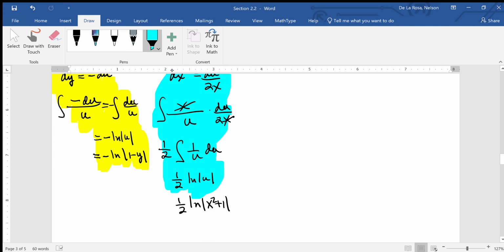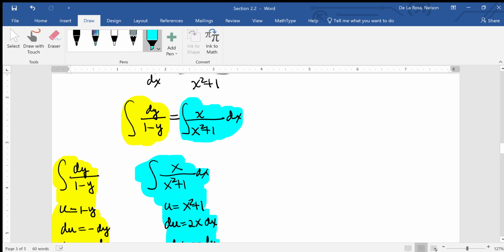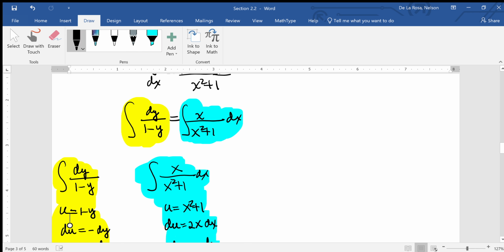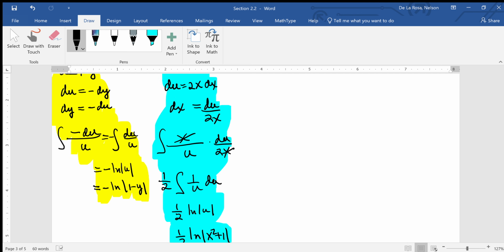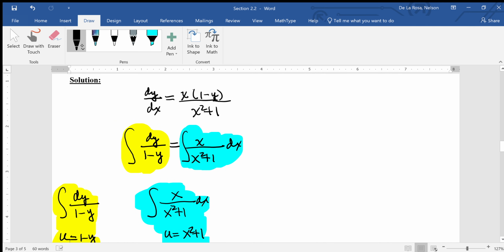Okay, so now our integral is then: the yellow part is negative ln of absolute value of 1 minus y, and then the blue is 1/2 of ln of x squared plus 1.